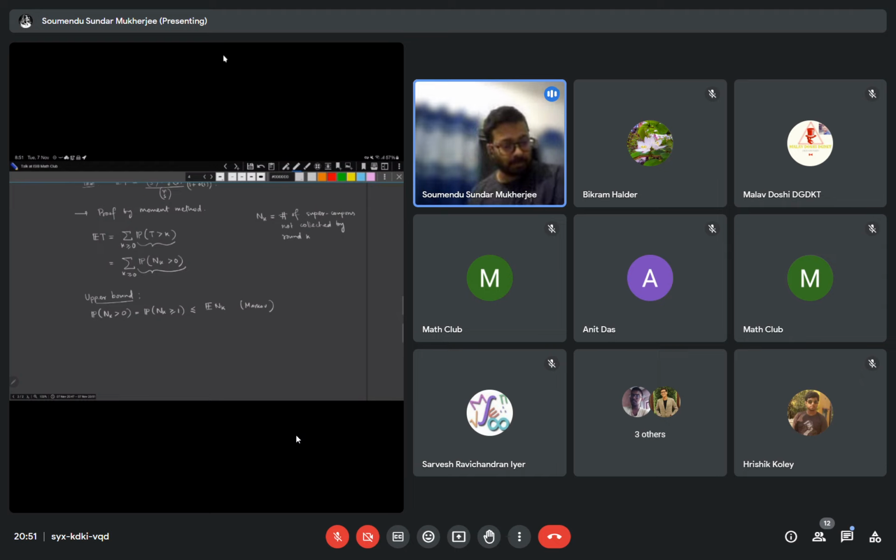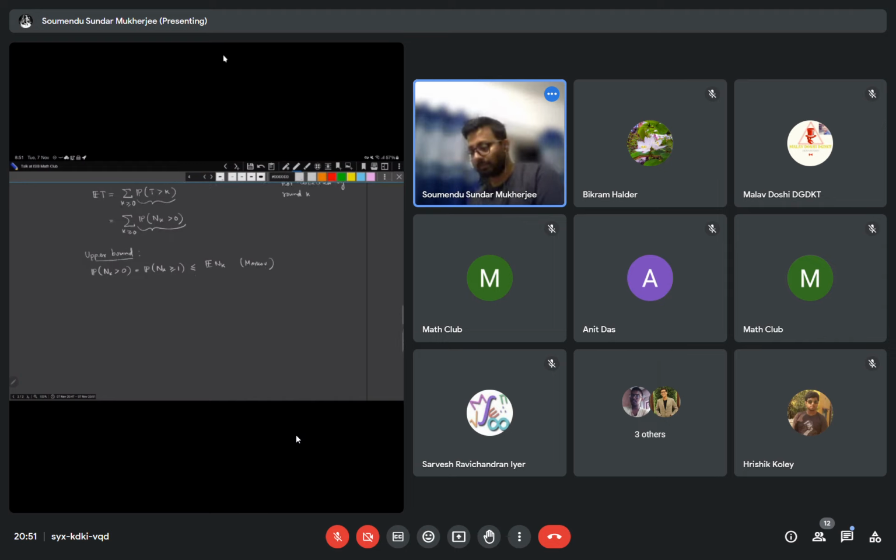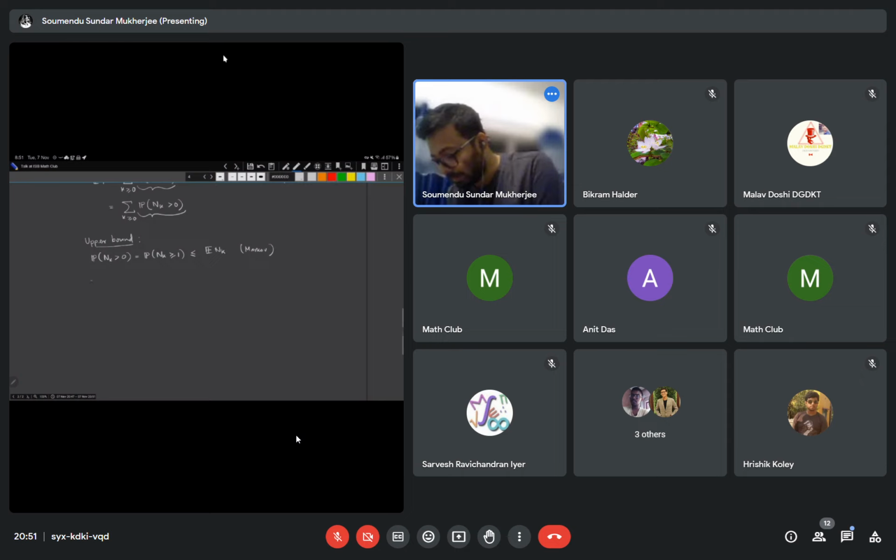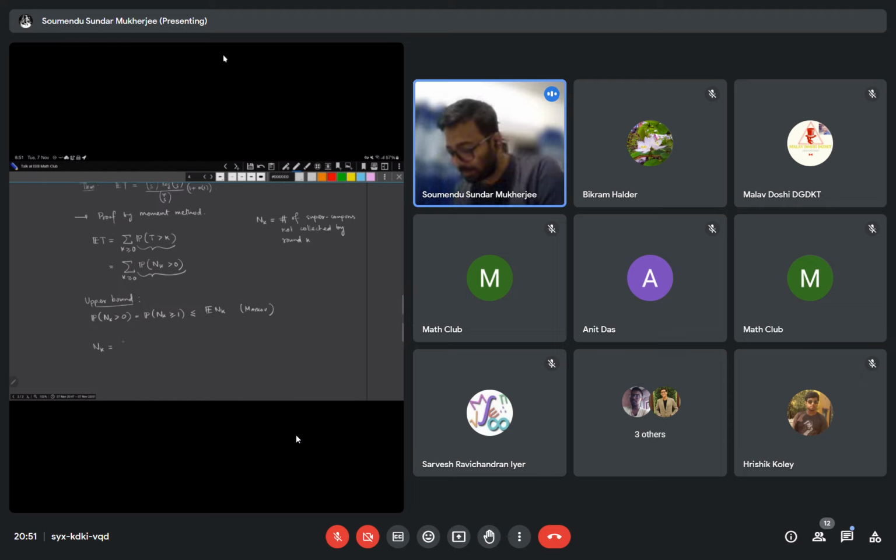So we need to calculate expectation of N_k. So let us do that. What is expectation of N_k? Recall, N_k is the number of super coupons not collected by time k.